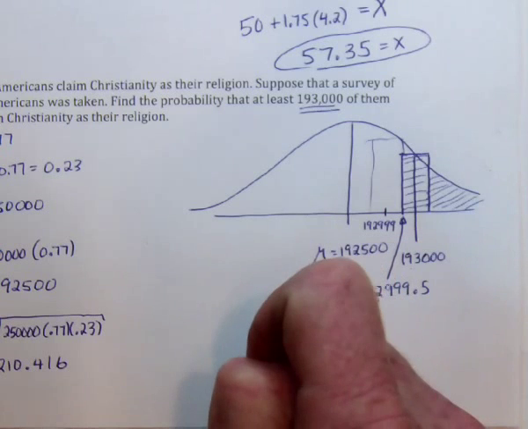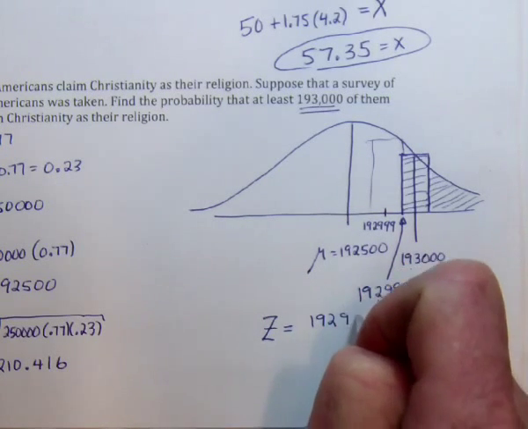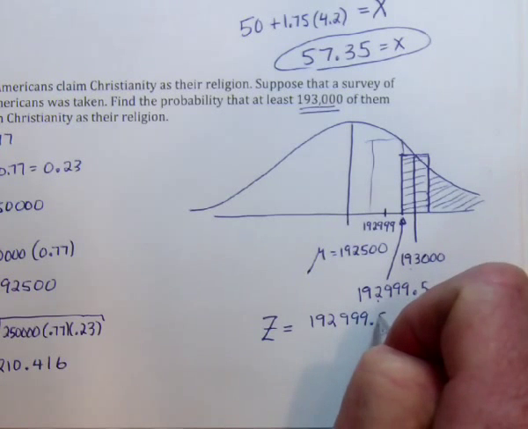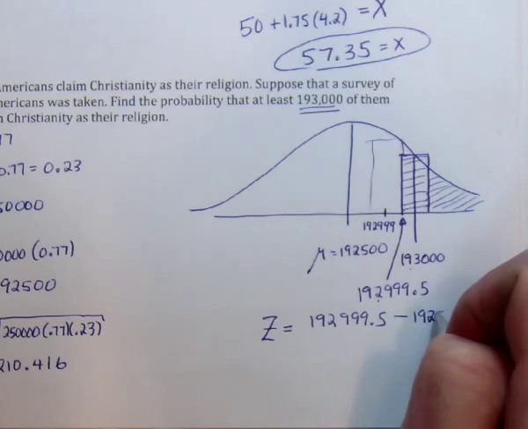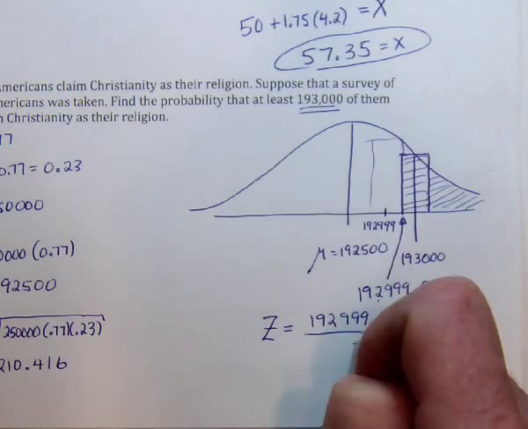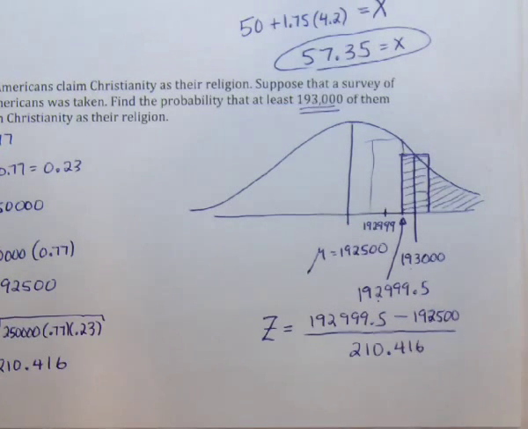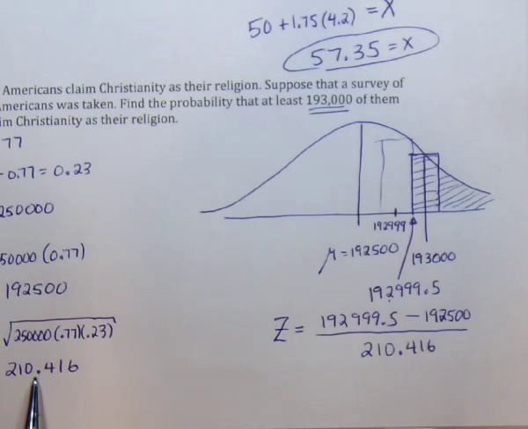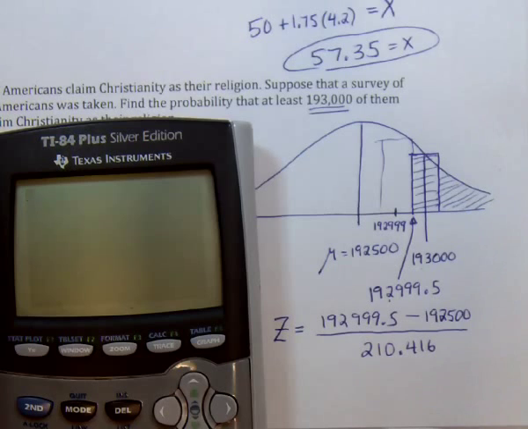So it's going to be z is equal to the 192,999.5 minus the mean of 192,500 divided by the standard deviation 210.416 that we got over here on the left. That is definitely calculator time.